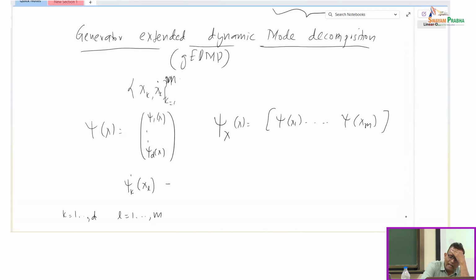You define this as partial psi k partial x j, j equals 1 to n. So n is the dimension of the state space, evaluated at x l. Okay.